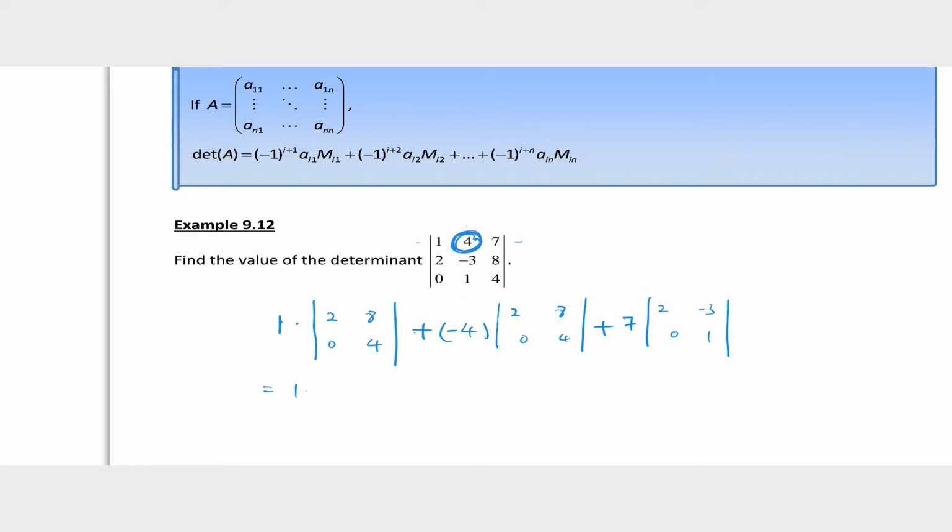And so this is 1 times 8 minus 4 times... Sorry. This is negative 3 and this is 1. So this is not 8.